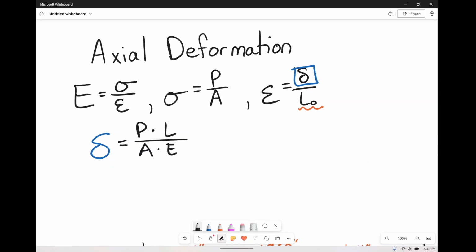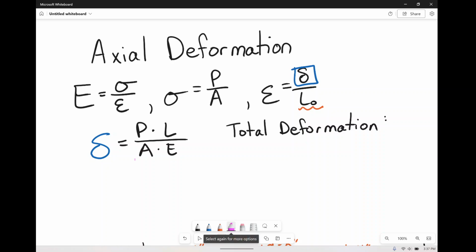The only thing that we've got to do this time is to find, say, total deformation. Total deformation is when you have more than one piece, more than one area, more than one material, more than one load. Anything that could be changing any one of these variables in this equation is going to need a different little segment to calculate for deformation.